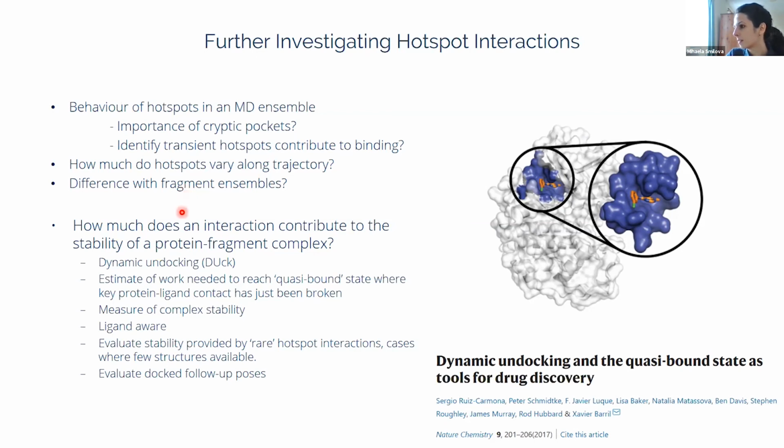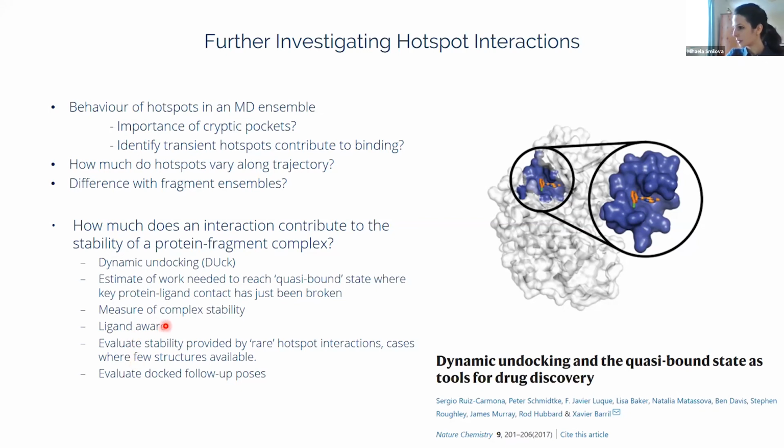And then another method I've been looking into using is called dynamic undocking, and it's a steered molecular dynamics based method, which estimates the amount of work needed to reach a quasi-bound state where a key protein ligand contact, usually a hydrogen bond, has just been broken. And this value actually provides a measure of the complex stability of the protein fragment complex, and it's also ligand aware, so it's dependent on both the protein and the ligand.